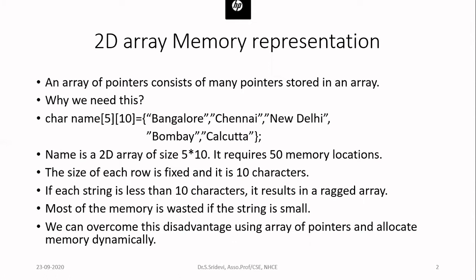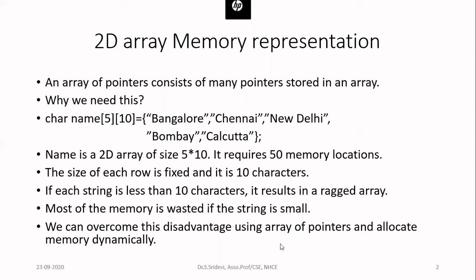And if I am giving a small name, for example, if the student name is only Raj, I have allocated totally 100 character spaces, but I am storing only 3 characters as Raj. So what happened to the remaining 97 characters? They are wasted. So when you declare a character array like this, if your string is less than the size specified for every row, then you are wasting a lot of memory space.